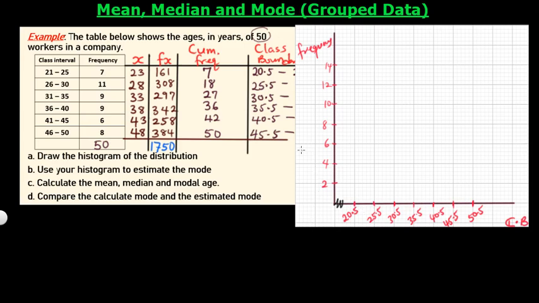Now that that has been done, let me now plot the graph. The very first one goes to frequency of 7. So frequency of 7, we go to where 7 is between 8 and this. So 7 is to be here.